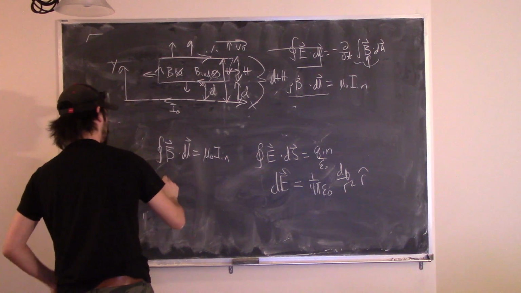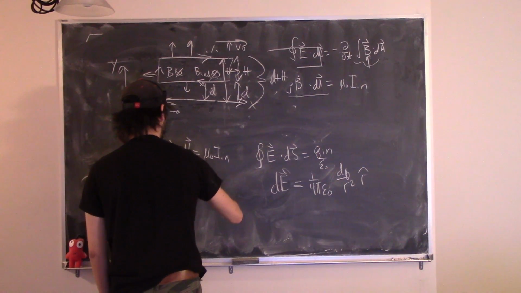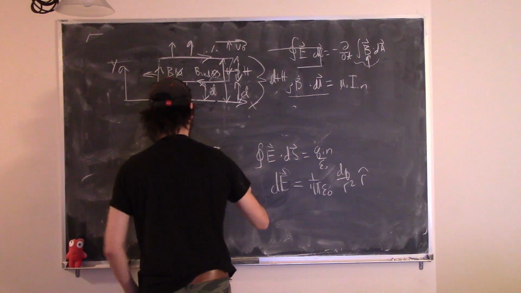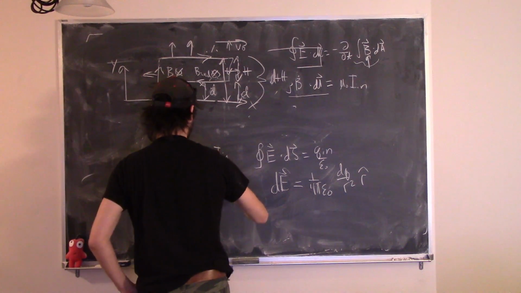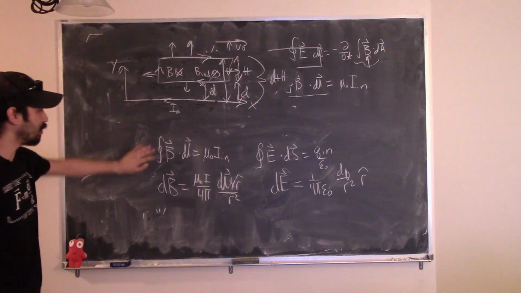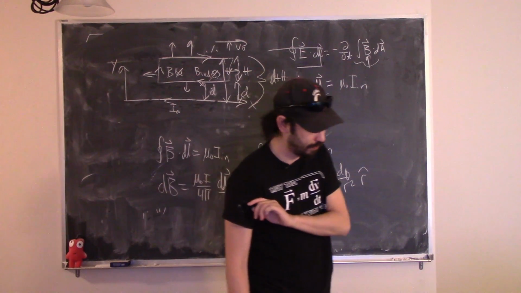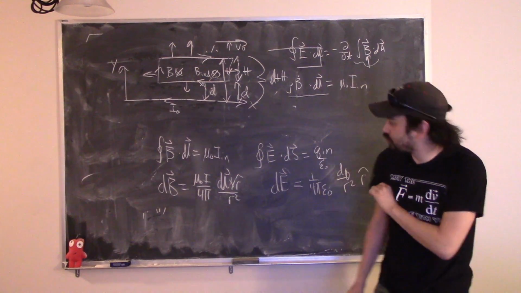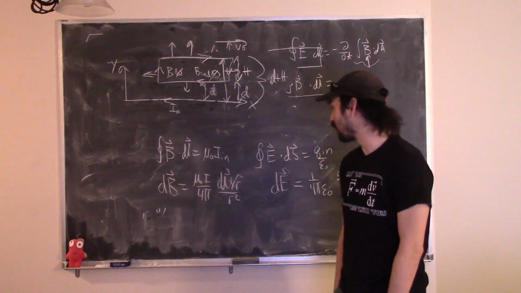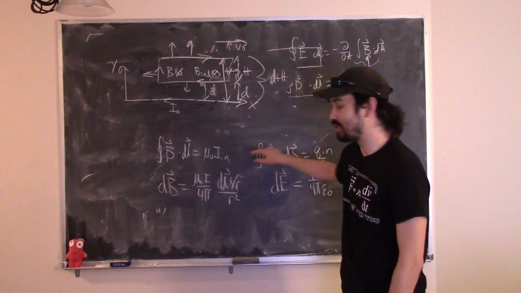And then the brute force method is going to be B equals mu naught I divided by 4 pi, I already have my I, so this is going to be dl cross r hat divided by r squared. So these four equations are very important. I'm not going to tell you too much else, but I will say the exam is written, and you need to know when to apply every single one of these.